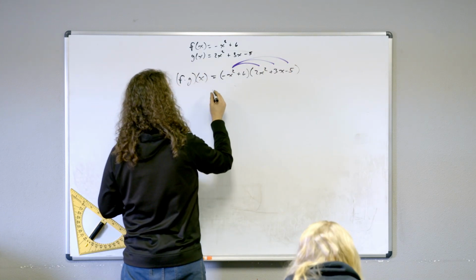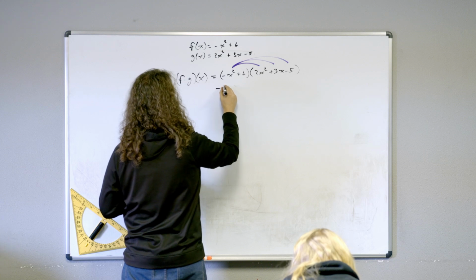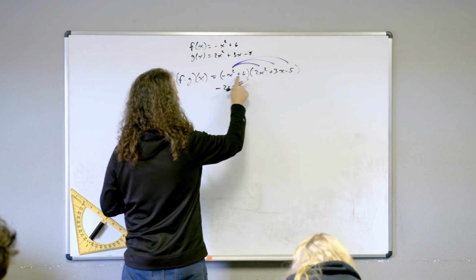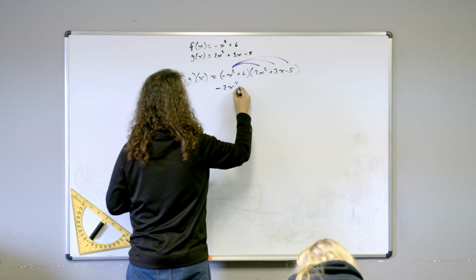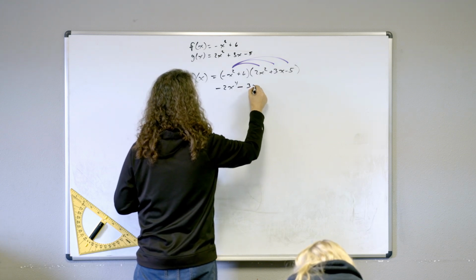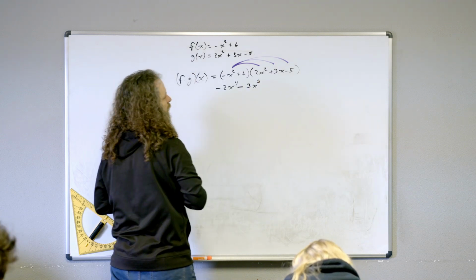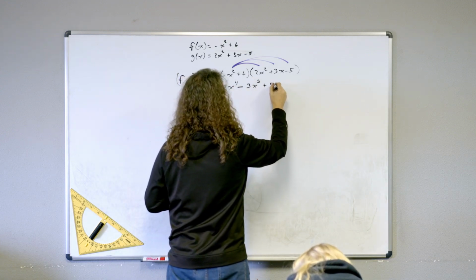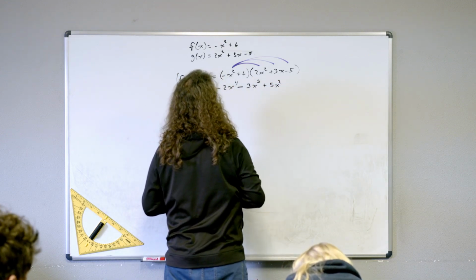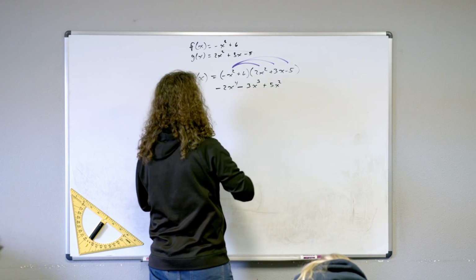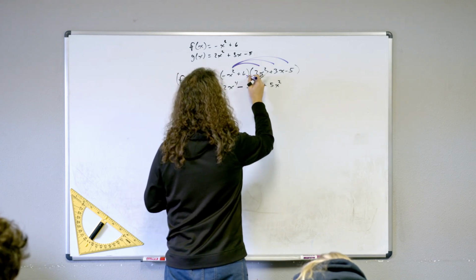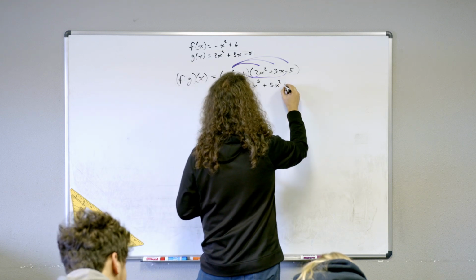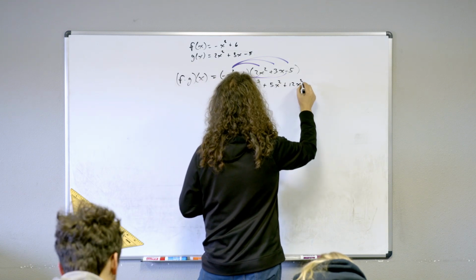Negative x squared times 2x squared is negative 2x to the fourth. And negative x squared times 3x is negative 3x cubed. And negative x squared times negative 5 is positive 5x squared. And then distribute these, right? 6 times 2x squared is 12x squared.